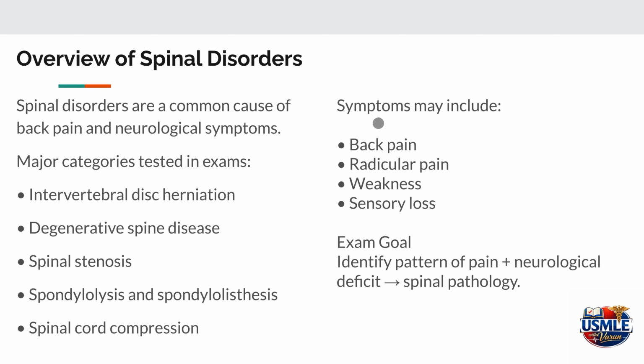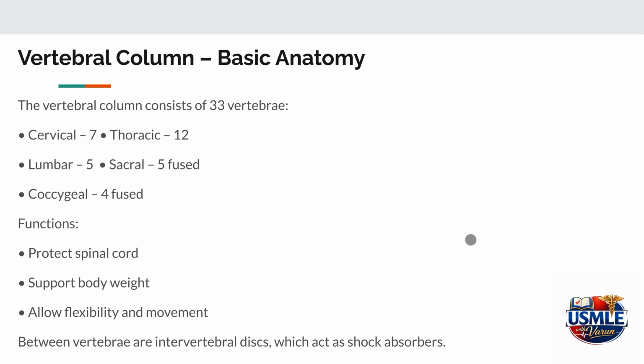These disorders may present with symptoms like localized back pain, then radiating pain along a nerve root, muscle weakness, or sensory loss. In exam questions, the key strategy is to recognize the pattern of pain and neurological deficit and then connect it to the most likely spinal pathology.